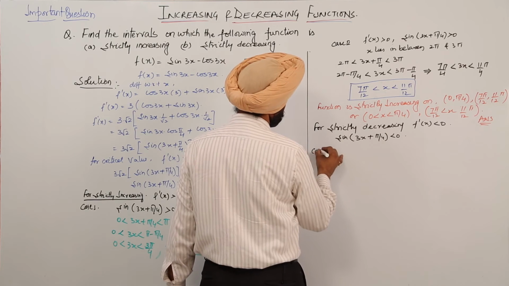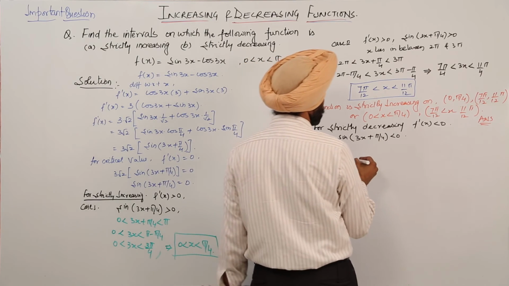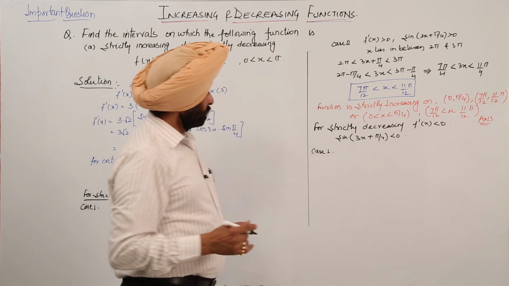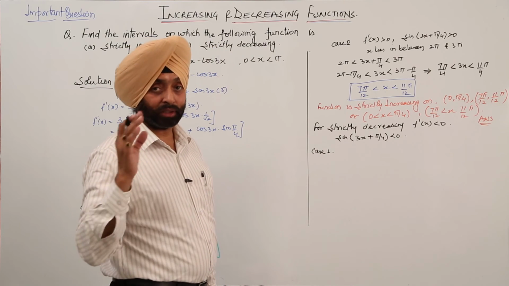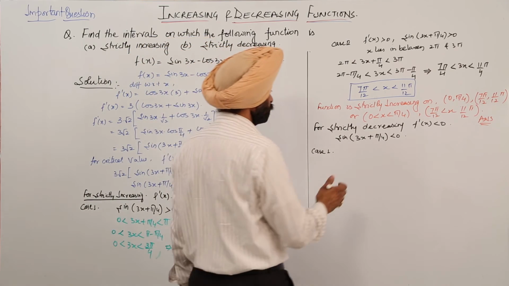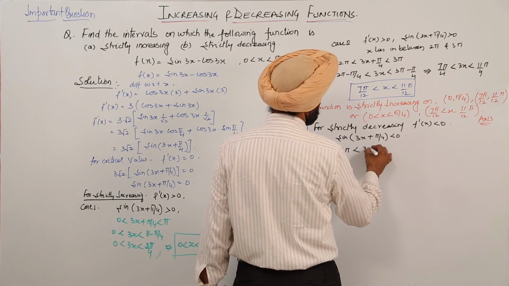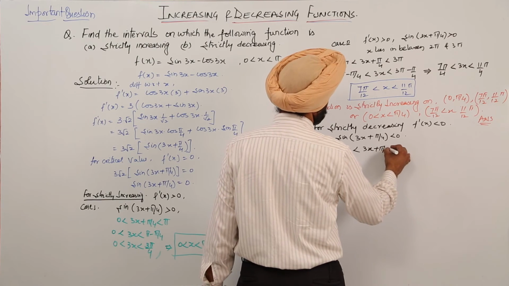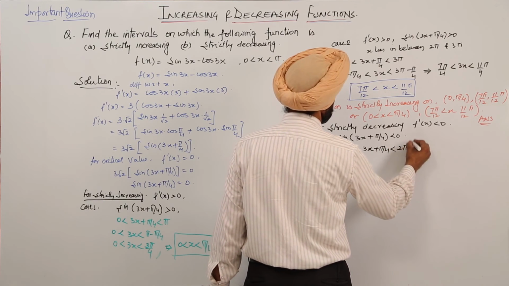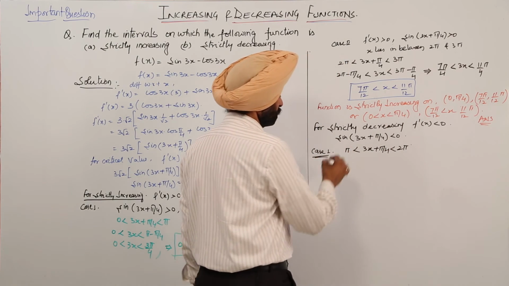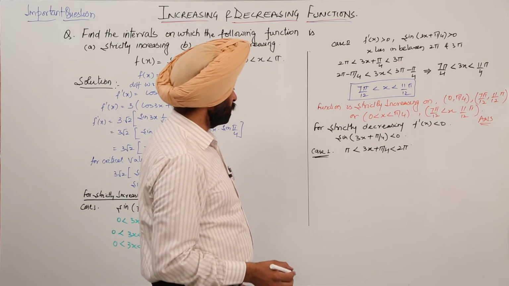Now case 1: when sine is less than 0, in the third and the fourth quadrant, so we will write pi is less than 3x plus pi by 4 is less than 2 pi. That is case 1.